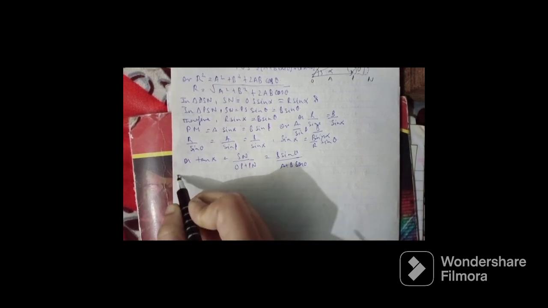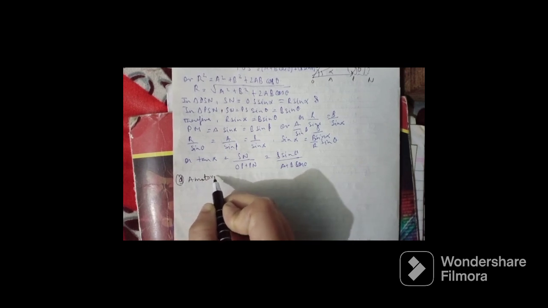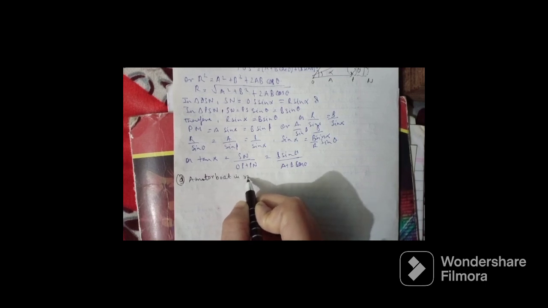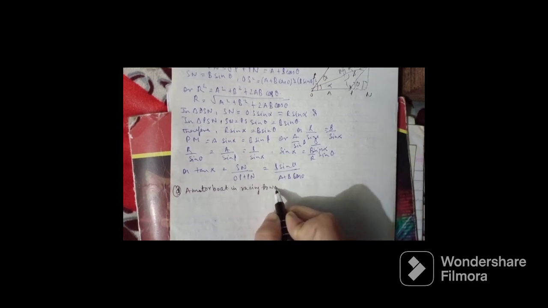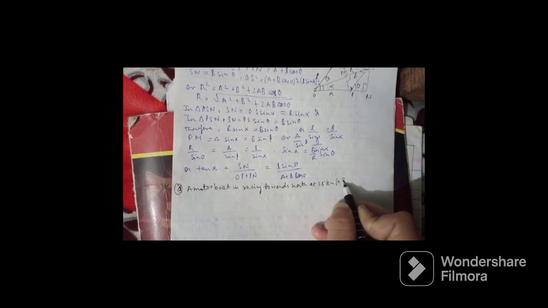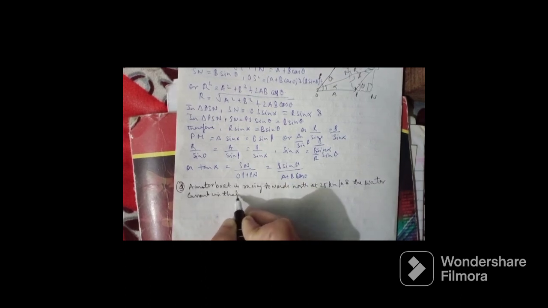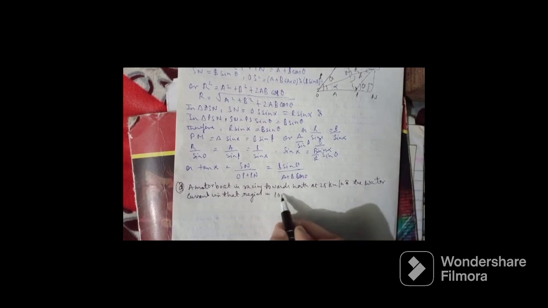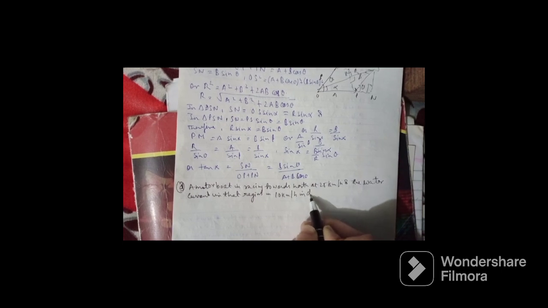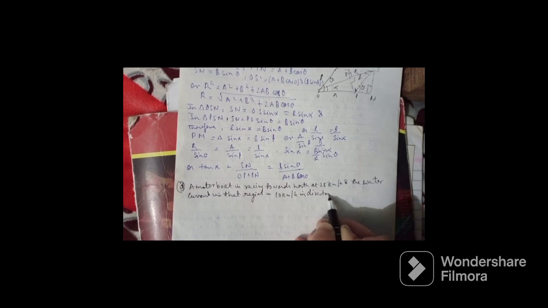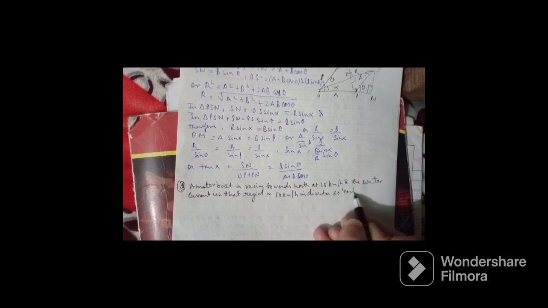So the question is, a motorboat is racing towards north at 25 km per hour, and the water current in that region is 10 km per hour in the direction 60 degree east of south.